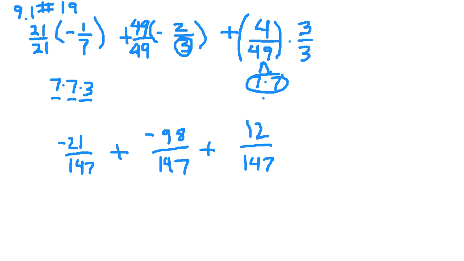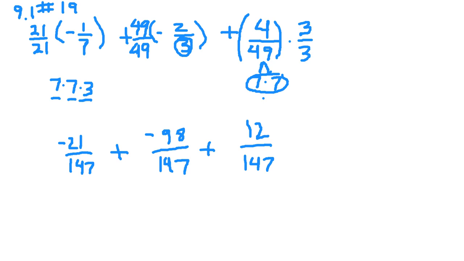Okay, and now going left to right, negative 21 plus negative 98. What's that? Let me use calculator. It's equal to negative 119.